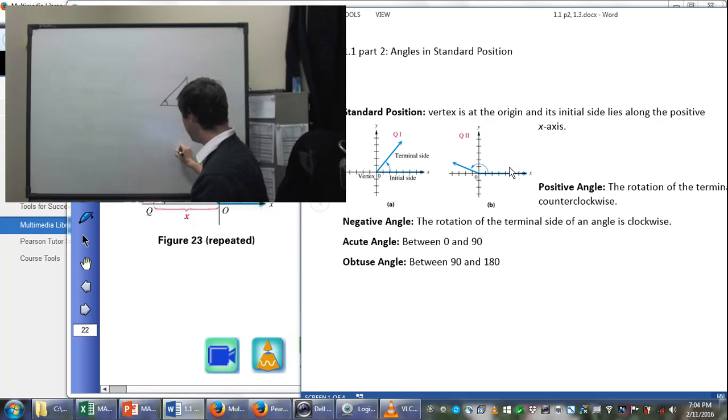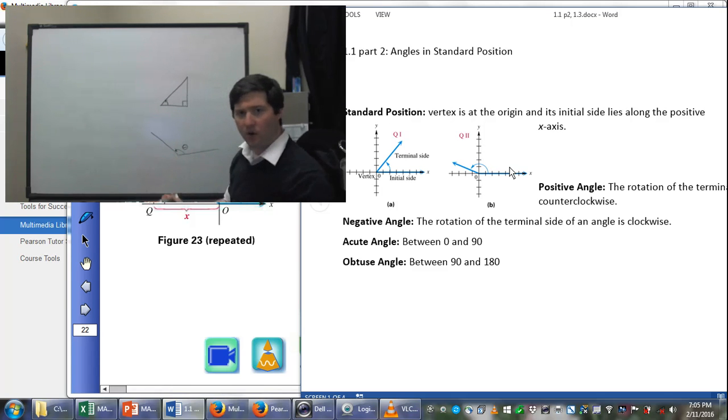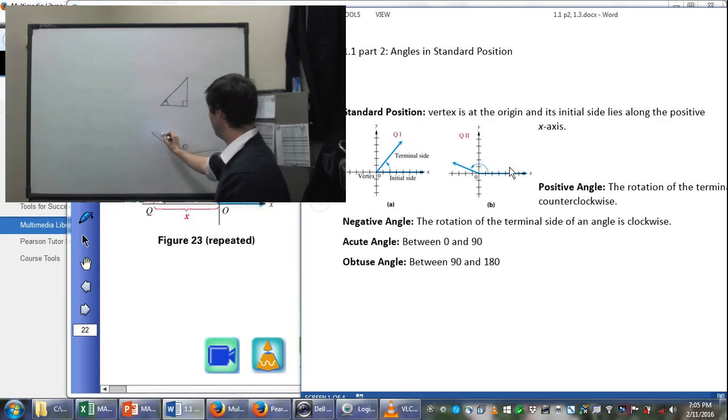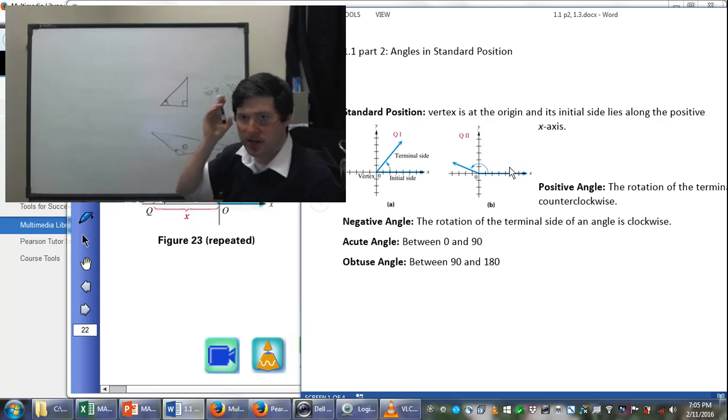So immediately using our definitions, if we had some other angle, this is an acute angle. Let's say we had some obtuse angle like that. If that's our angle, we can still draw a triangle there.